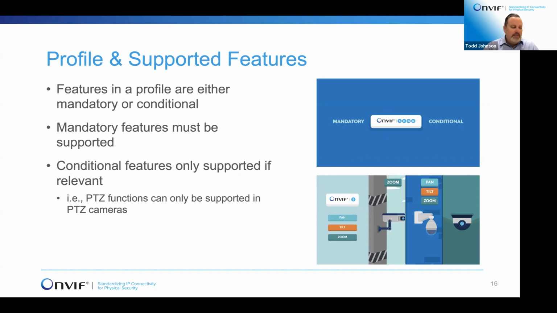For example, a PTZ camera would have to support the various pan-tilt-zoom calls if they are supported by the camera and conditional within that profile. But obviously, a fixed camera would not need to support those calls because the device is not capable of doing those things.